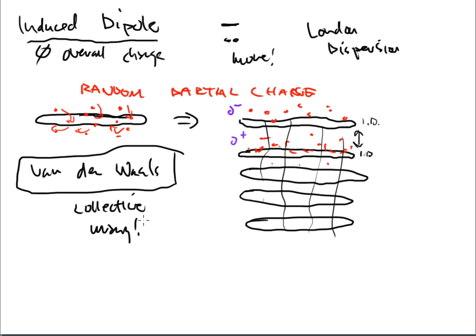It is a collective term that represents a group of forces, and induced dipole or London dispersion is really a part of the van der Waals forces that we like to discuss in a chemistry course. Now, these induced dipoles, or the London dispersion forces, are very weak. They are actually one of the weakest that's out there.